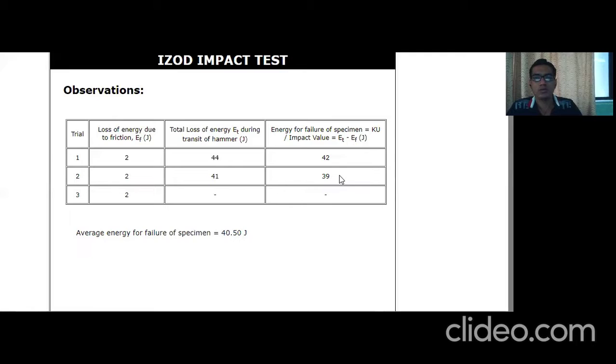So 42 plus 39 divided by 2 gives the average energy for failure of the specimen. In this way, we can determine the impact energy, or the energy for the failure of the specimen, using the Izod impact testing machine or testing methods.